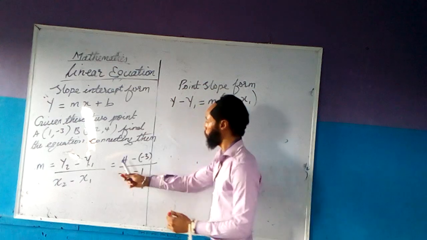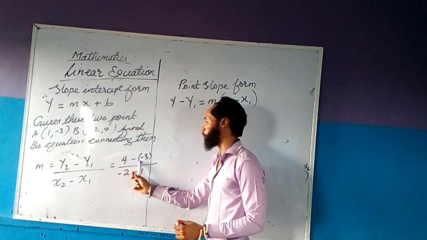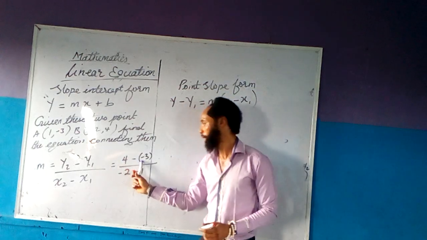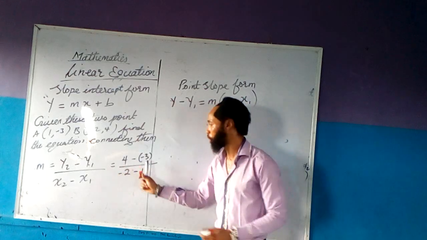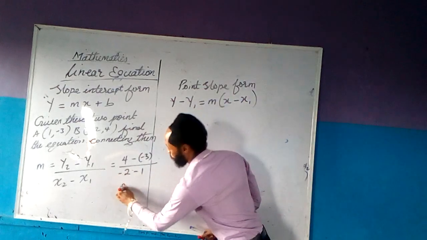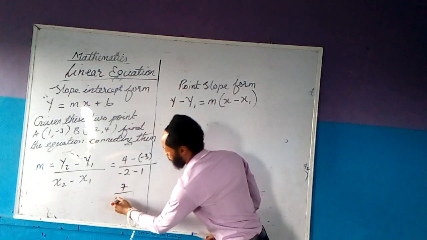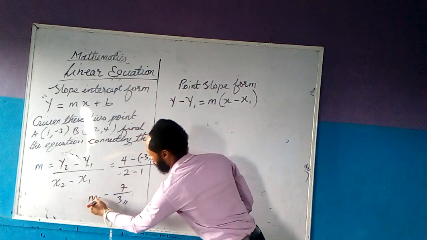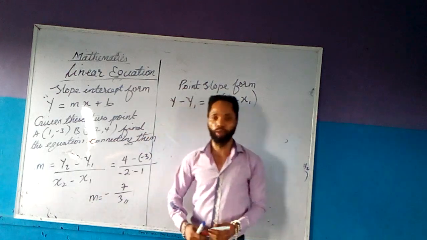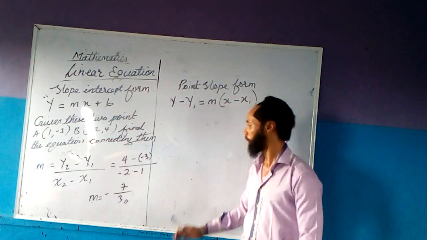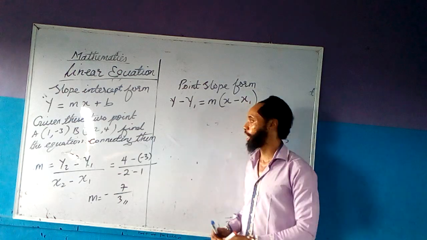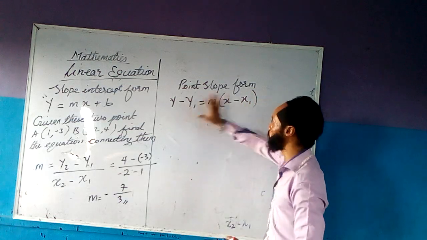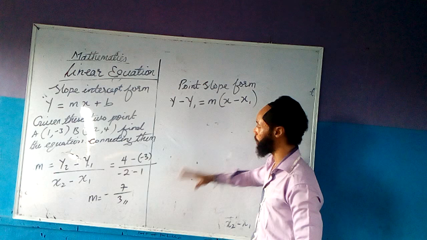Negative multiplying negative is positive, so 4 plus 3 is 7. Then negative 2 minus 1 is negative 3. So our slope is negative 7 over 3.